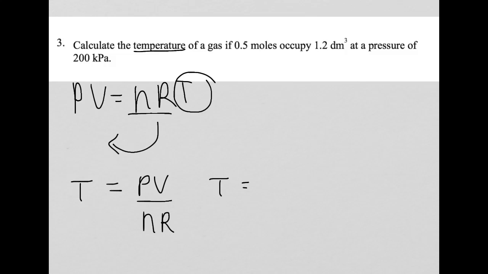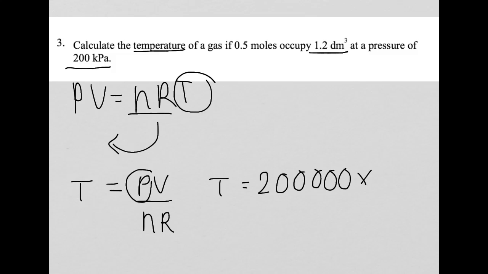So if we look, we need the P here, a pressure of 200 kPa, and remember that it's in kPa and we need it to be in Pa, so we times by 1000, so 200 times by 1000 is 200,000. And then we need to times that by the volume, which gives us the volume here in decimeters cubed.